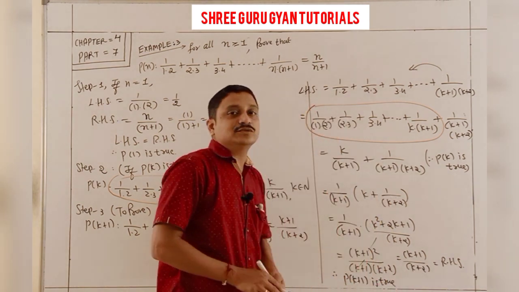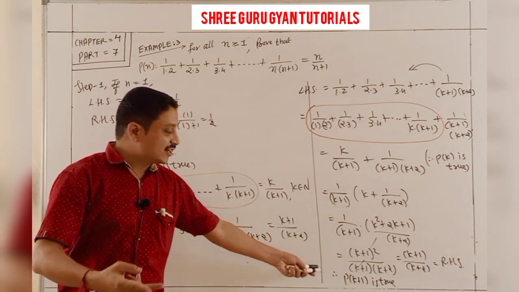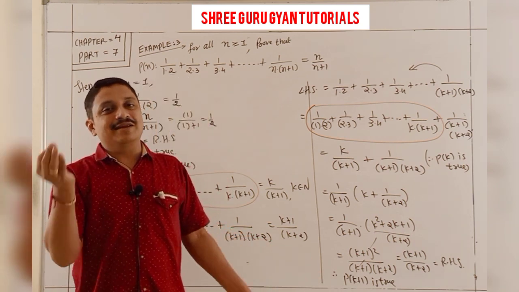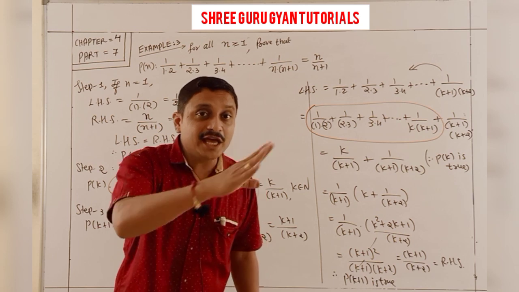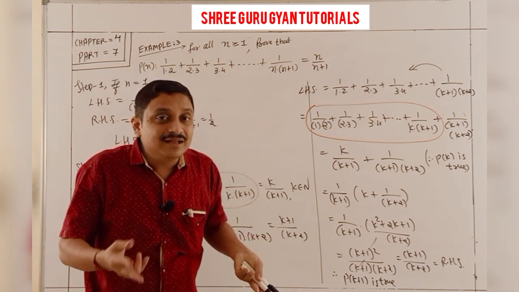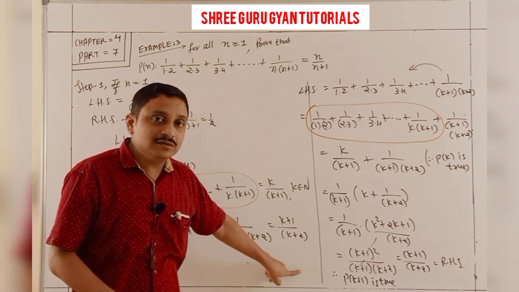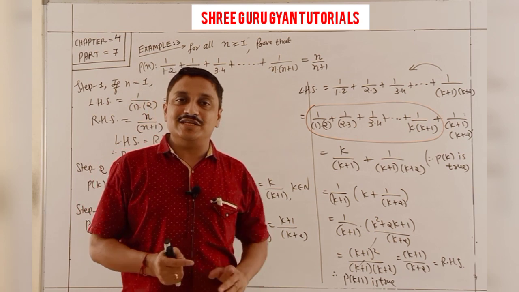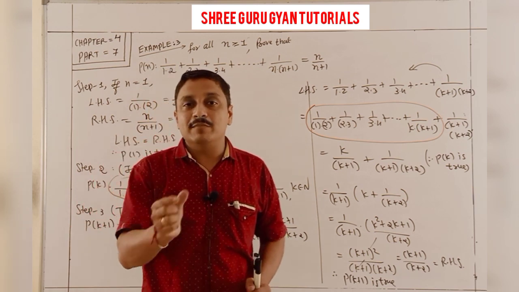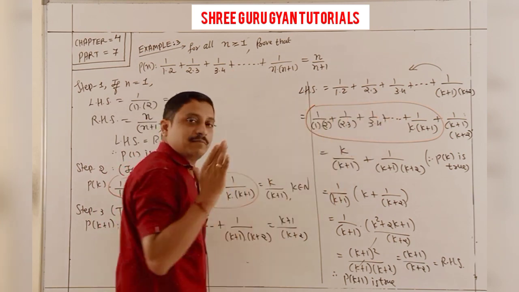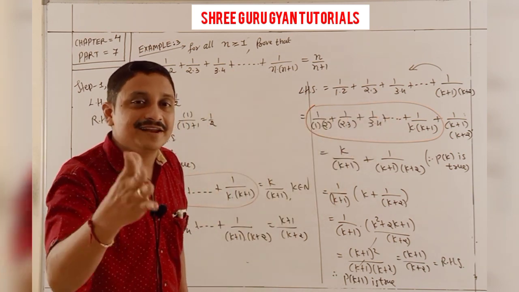And finally write down the two statements: if Pk is true, then Pk plus 1 is true, and by PMI, Pn is true for every n belongs to natural number. These two lines I did not write down here, but you must write them after these steps. Yes students, this numerical is over, but the main step is this one: Pk utilized in the P of k plus 1 solution, and happily done.